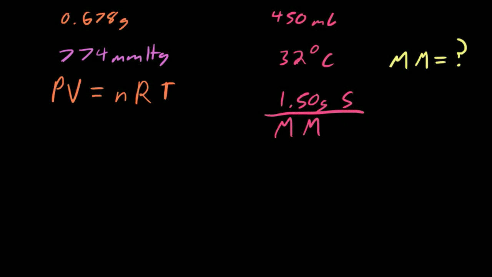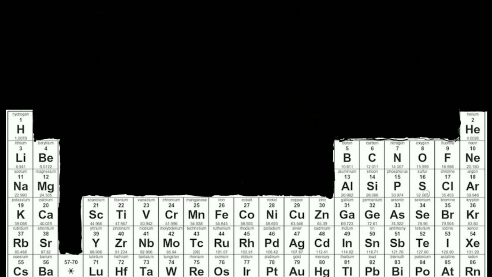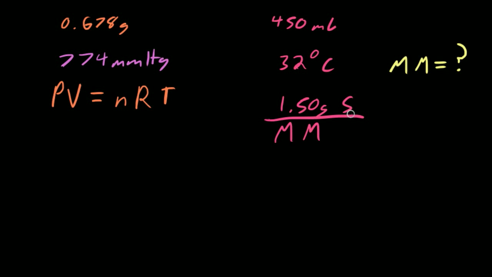The molar mass of sulfur is 32.065 grams per mole. We would divide 1.50 grams by 32.065 grams per mole, and we would get how many moles we would have.